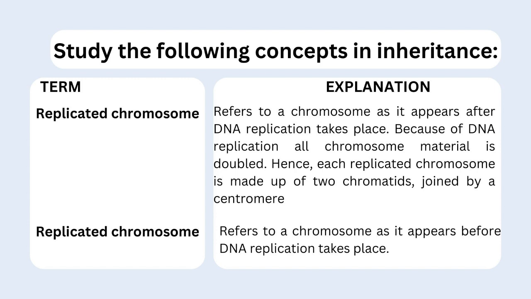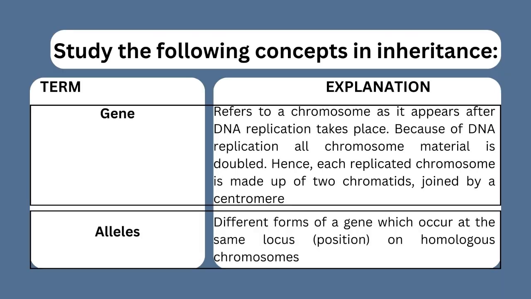Unreplicated chromosome refers to a chromosome as it appears before DNA replication takes place. Gene: a segment of DNA in a chromosome that contains the code for a particular characteristic. Alleles: different forms of a gene which occur at the same locus, position on homologous chromosomes.